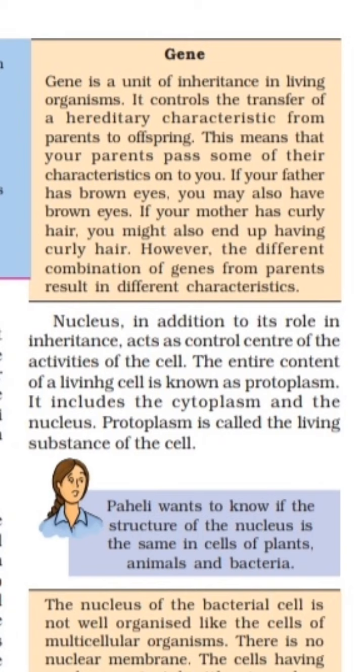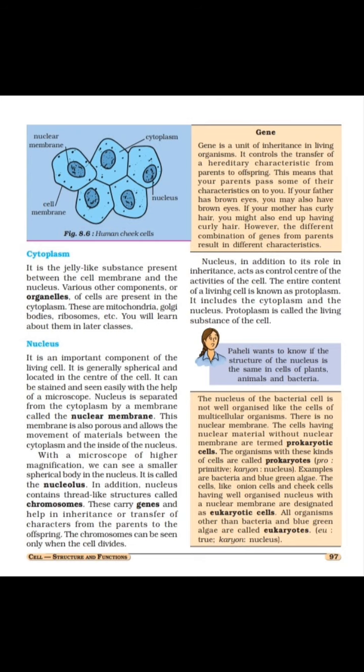Write the sentence in your notebook also. It is a most important sentence, it may be asked in the exam for true or false, or maybe as a multiple choice question. Protoplasm is called the living substance of the cell. Today we covered up to this. The remaining part we will see in the next period.